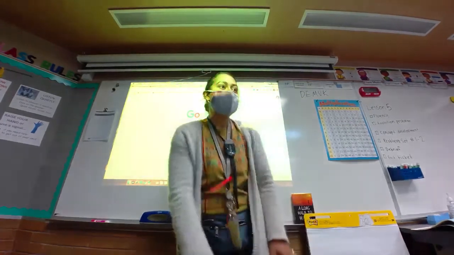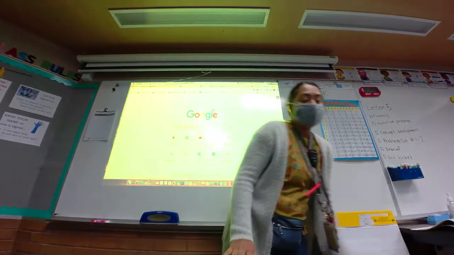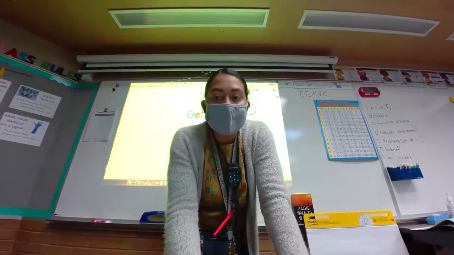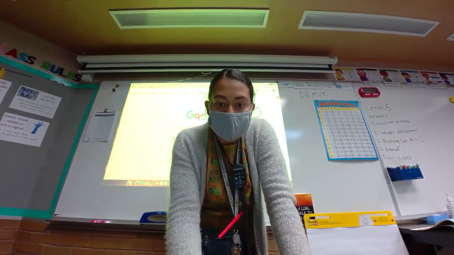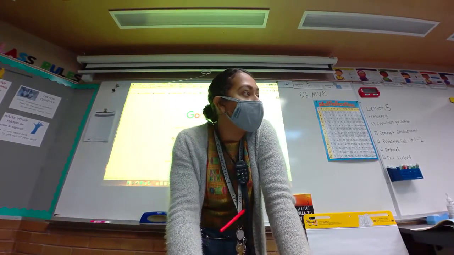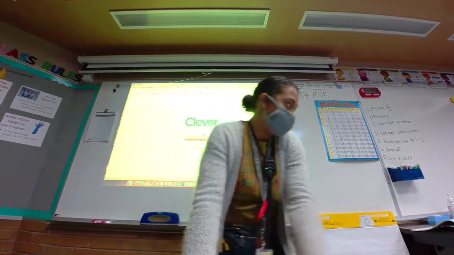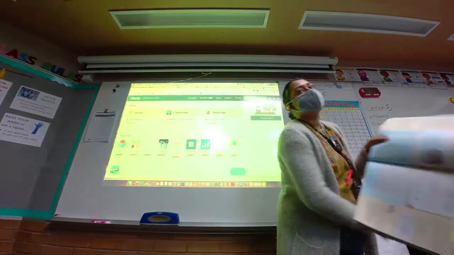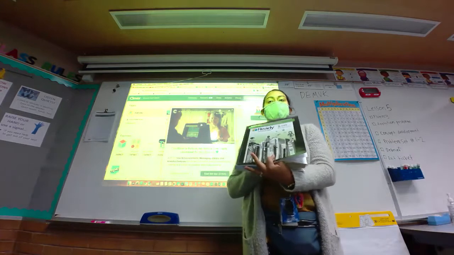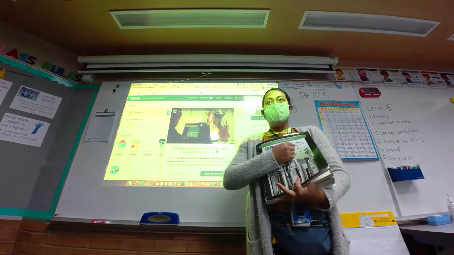Okay, so get your Ready Reading books out and flip to page 10. Page 10. Ready Reading book, page 10. Elian, page 10. The Ready Reading book.